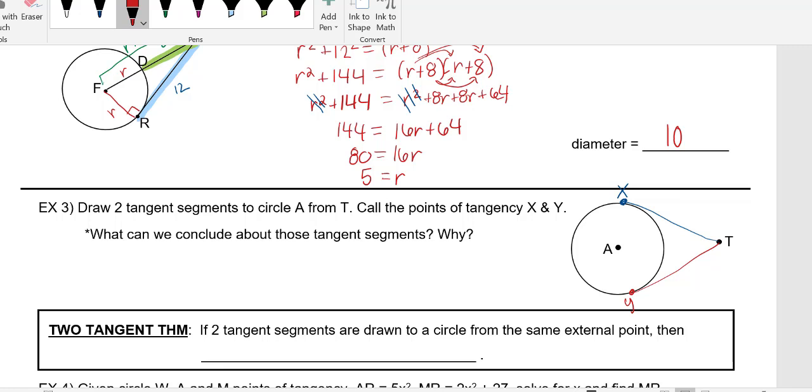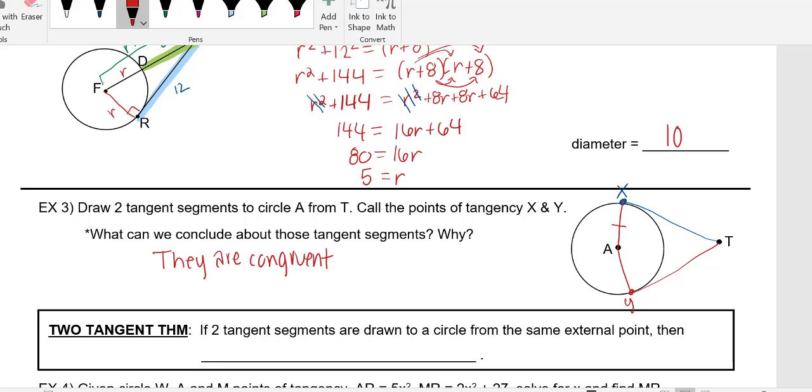Something we can conclude about these tangent segments is that they're congruent. They are equal to each other. Why we're able to make that conclusion, we're going to go back all the way to our congruent triangles unit in semester 1. If we create our radii, we know that our radii are congruent.